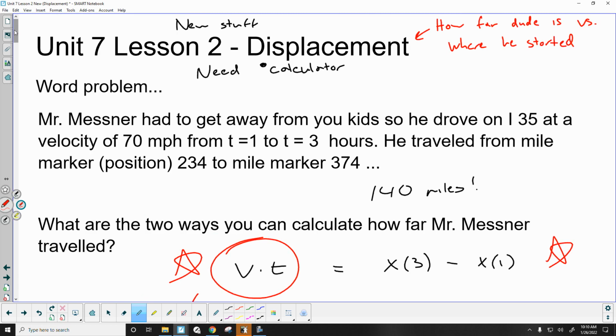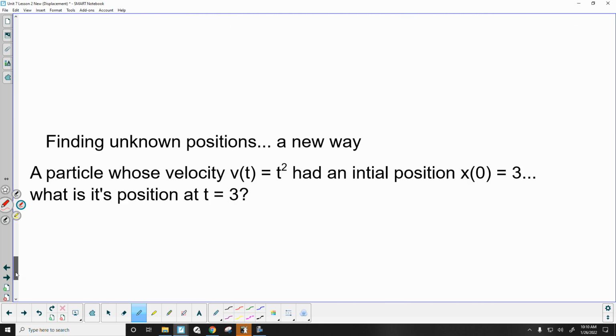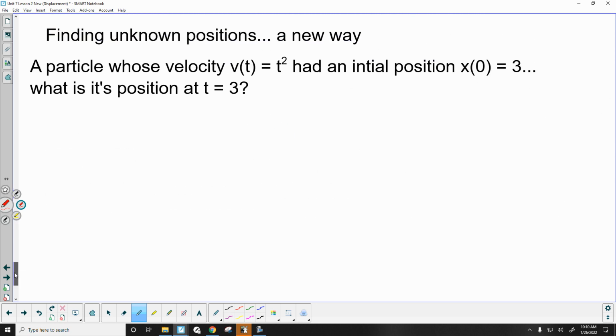Now, we are going to use that same idea to find unknown position. Okay? We have what we're going to call an old way of finding positions.